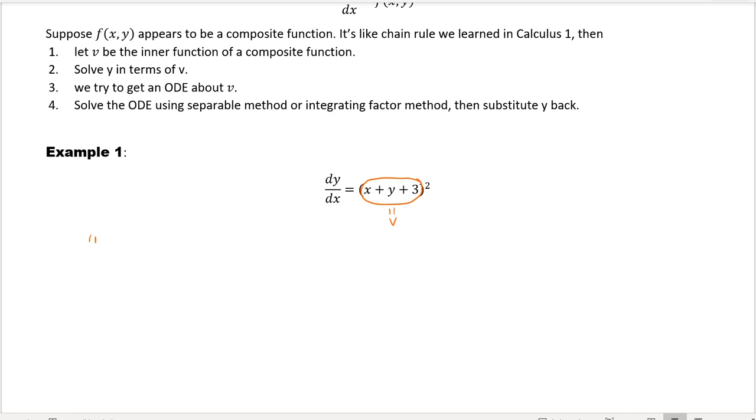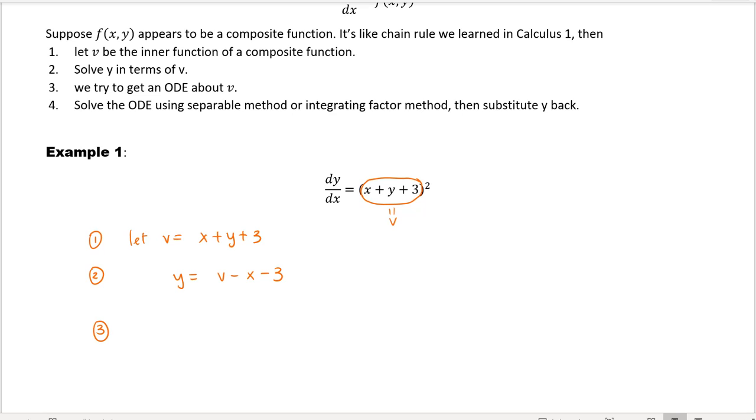Okay, so the first step, let v be x plus y plus 3. Okay, this is the inner function. Second step, solve y in terms of v. So, well, we can just move the x and 3 to the other side. So we get y equals v minus x minus 3.